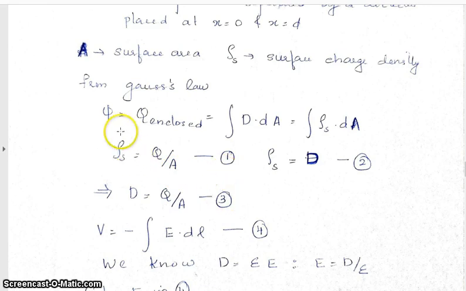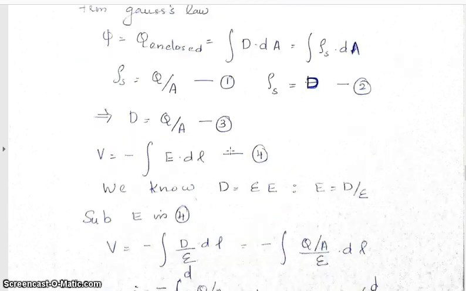Okay, I repeat. Charge density is equal to charge per area, and similarly we have rho S is equal to electric flux density D, and if you compare these two equations you can write D is equal to Q by A. All these equations we studied earlier.